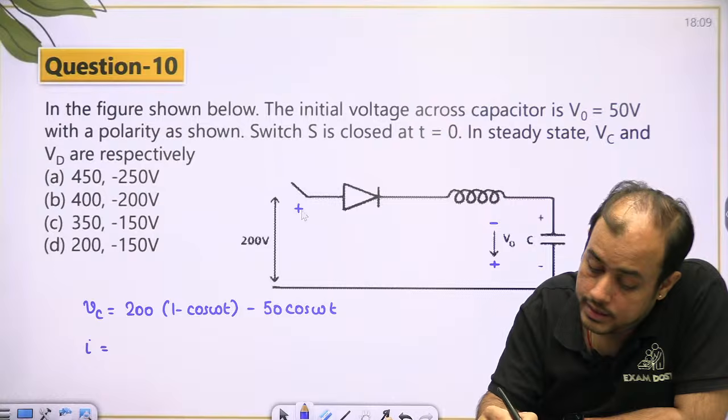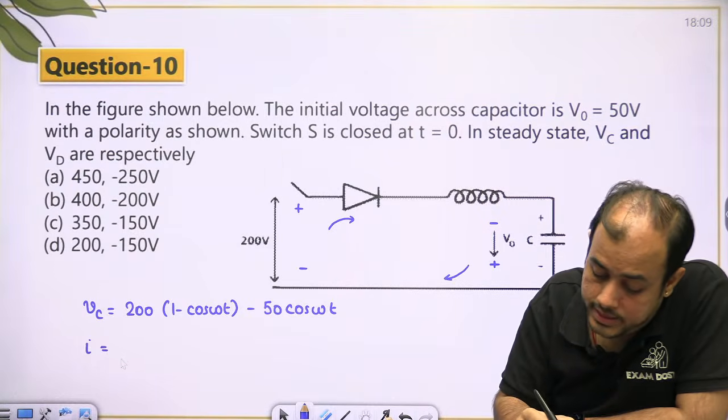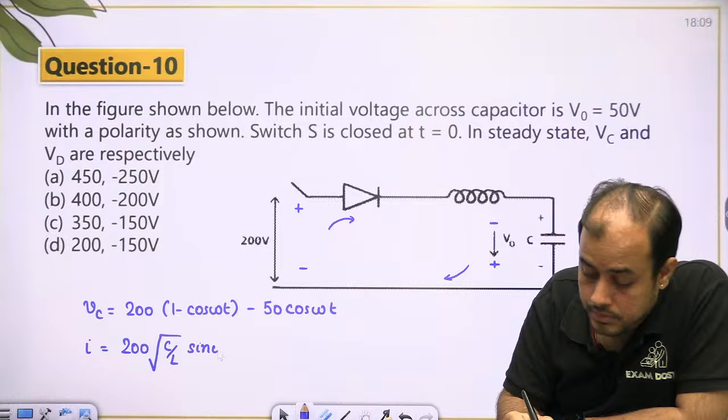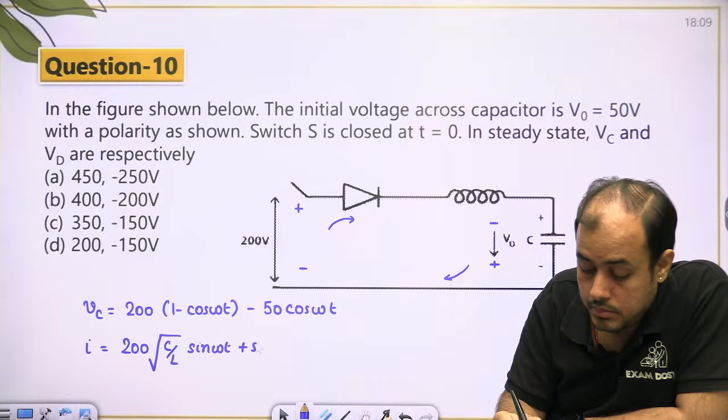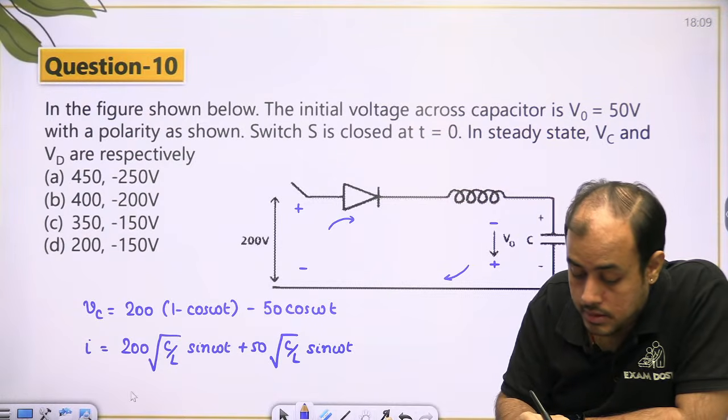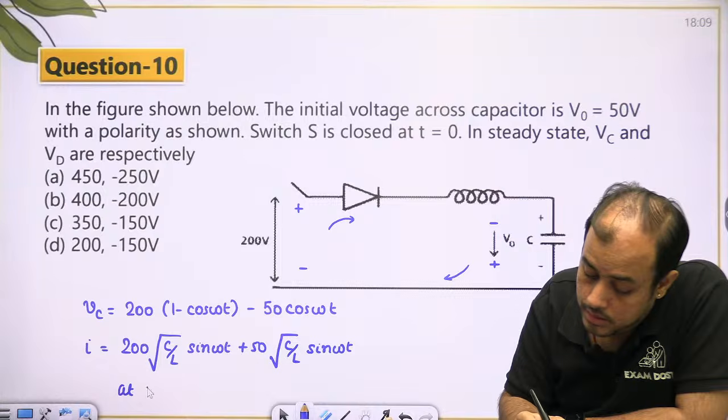But current because of 200 and because of V naught will be in same direction. ठीक है.